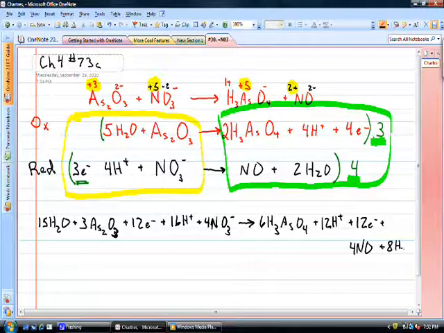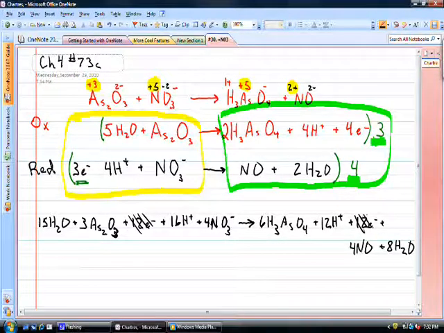8 H2O. Now the next to the last step, still in step 4, is to cancel identical species. One thing that has to be identical is the exact 12 electrons. If we don't have the same thing on both sides, we need to start over and figure out what we're doing.